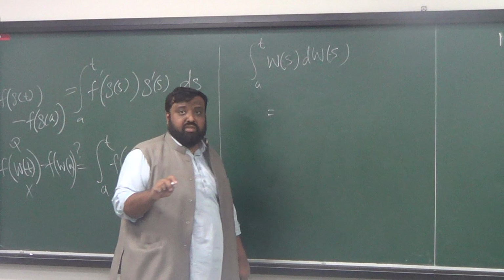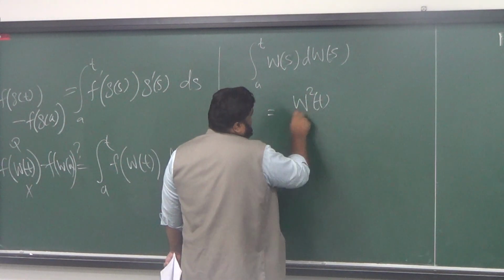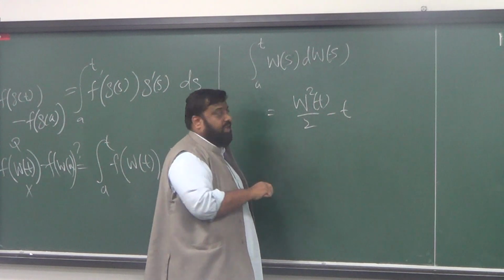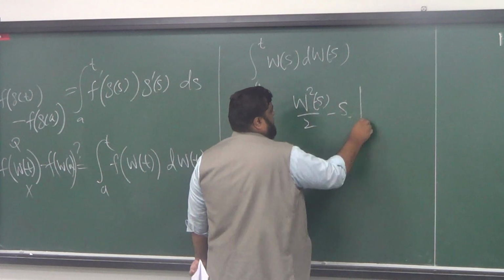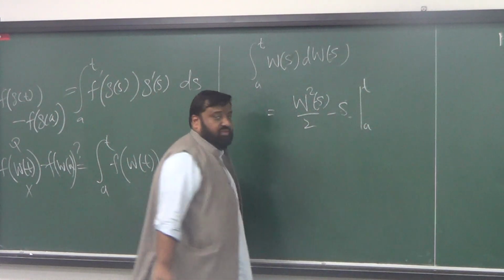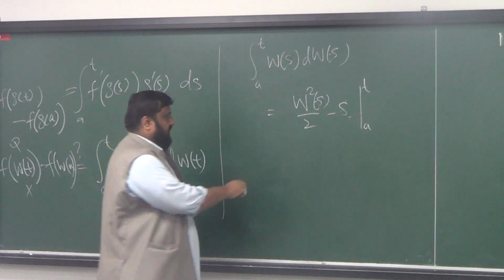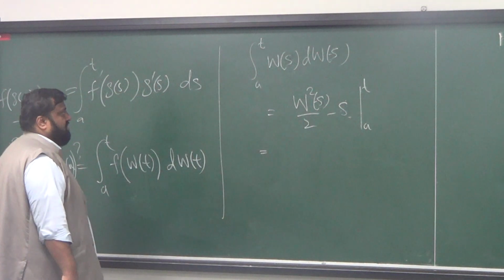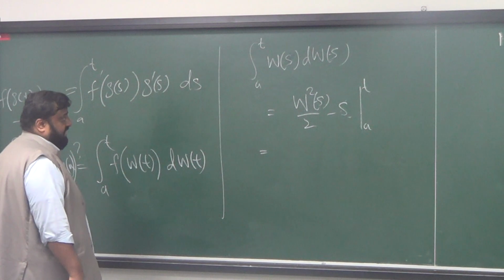If someone remembers, it's going to be W squared of t over 2 minus t over 2, integrated over a to t. This is the example that we did when we defined and gave different examples of this classic integral.